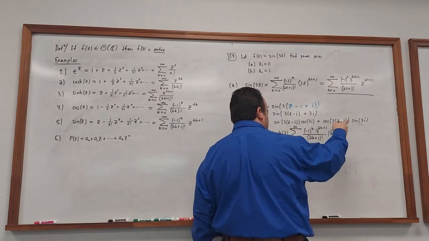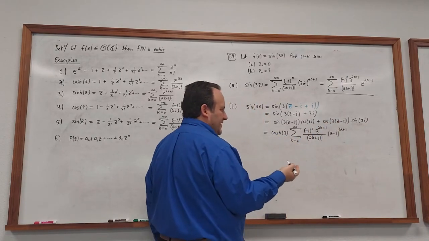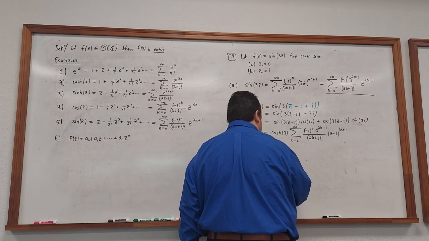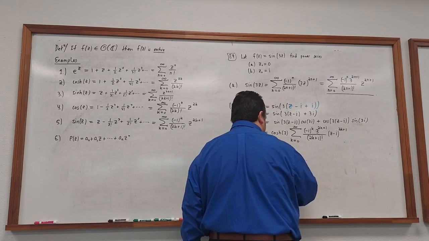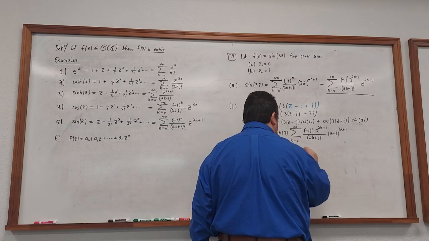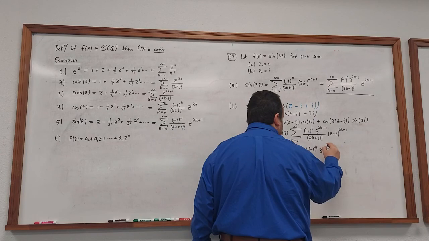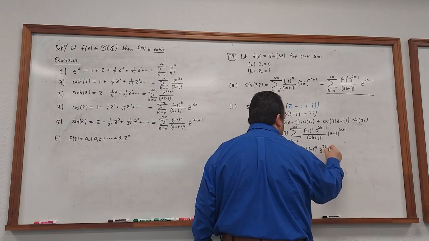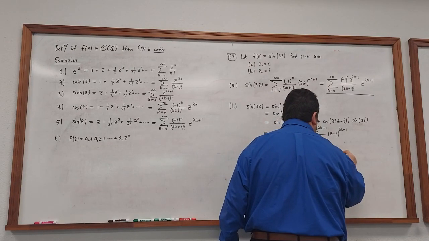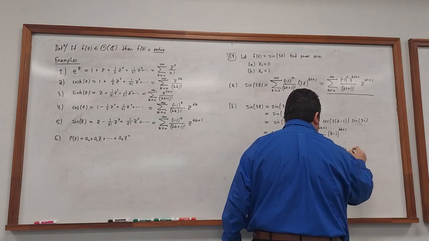And then sine of 3i, is it i sinh or minus i sinh? I can never remember. That's i sinh. So plus i sinh of 3 times the sum, k equals 0 to infinity, minus 1 to the k, 3 to the 2k, divided by 2k factorial, z minus i to the 2k.